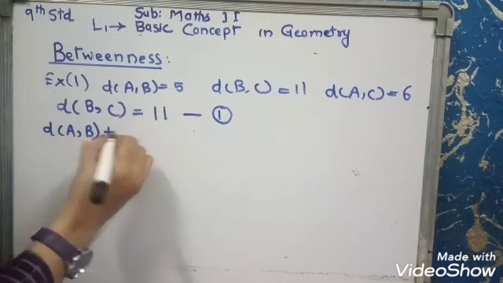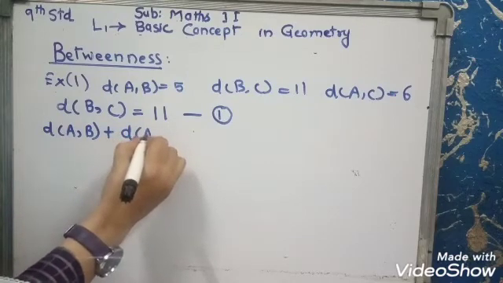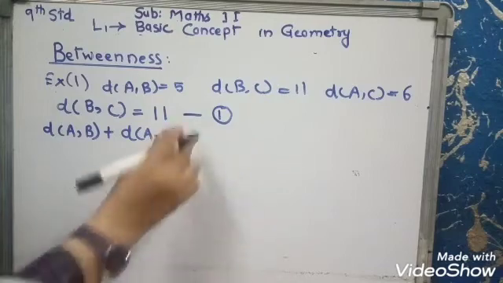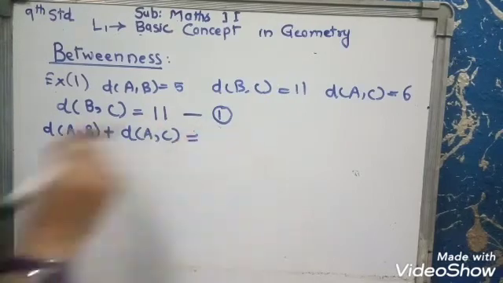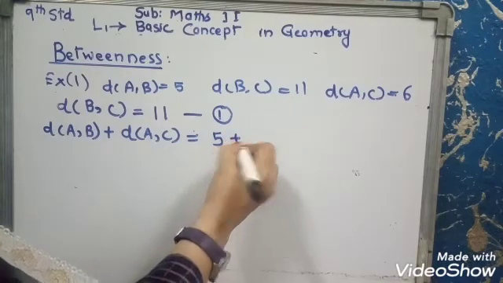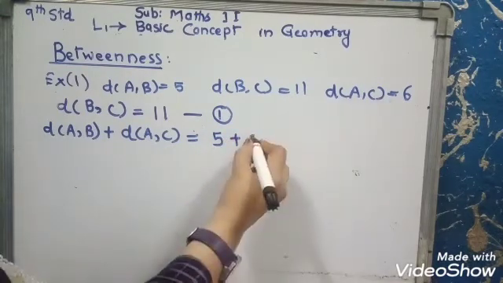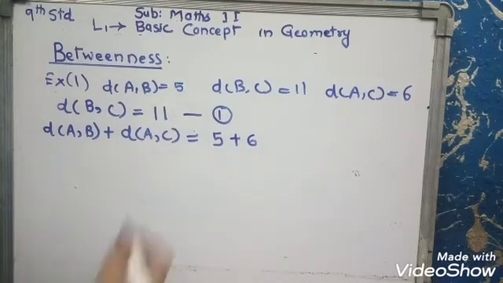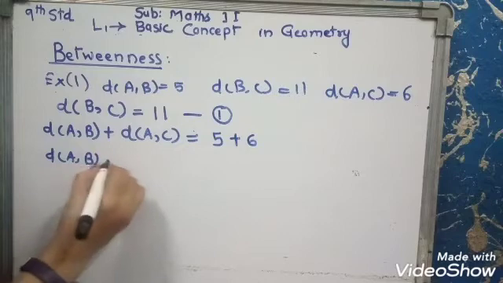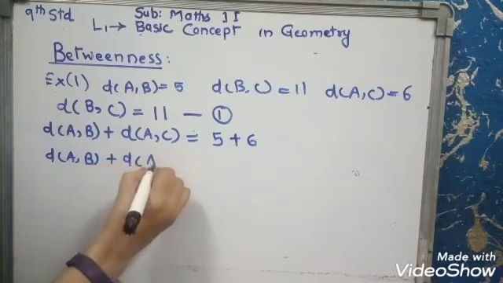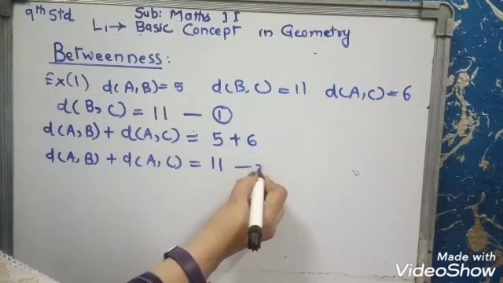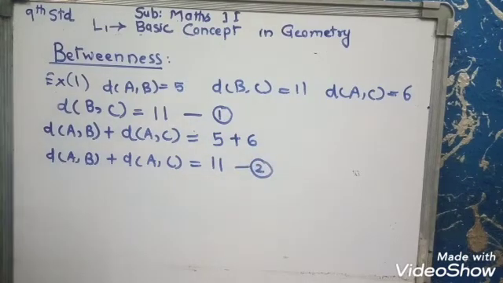If we add them, distance AB is 5 unit plus distance AC is 6 unit, so distance AB plus distance AC is equal to 11 unit. This is our equation number 2.